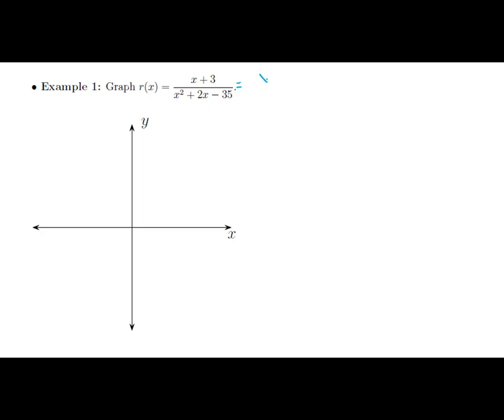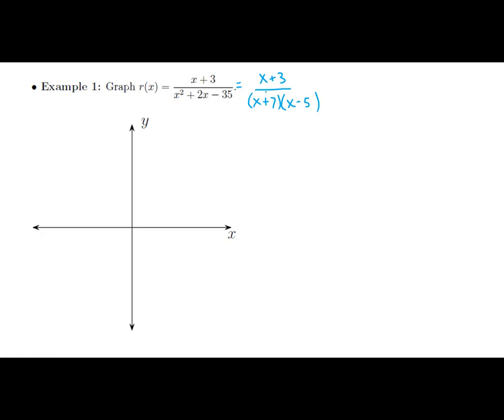So I'll go ahead and do that. Let's see, negative 35, we're looking for things that multiply to make negative 35 and add to make 2. So I'm thinking plus 7 minus 5 looks pretty promising.